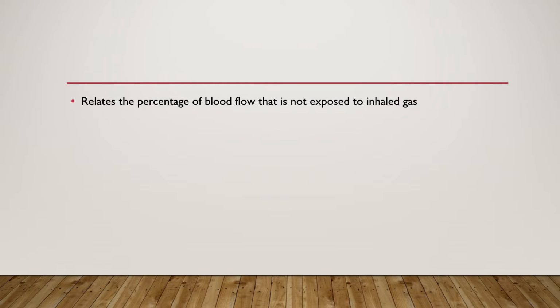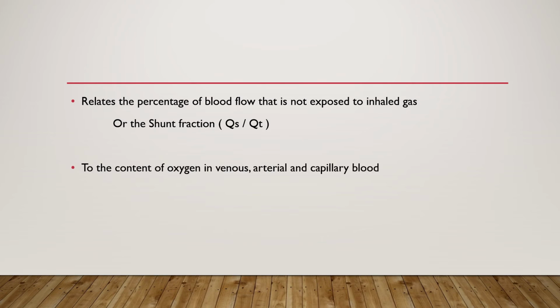The technical equation itself relates the percentage of blood flow that is not exposed to inhaled gas compared to the total blood flow, or specifically the shunt fraction. So that's the cardiac output which is shunted compared to the cardiac output which enters the lung.